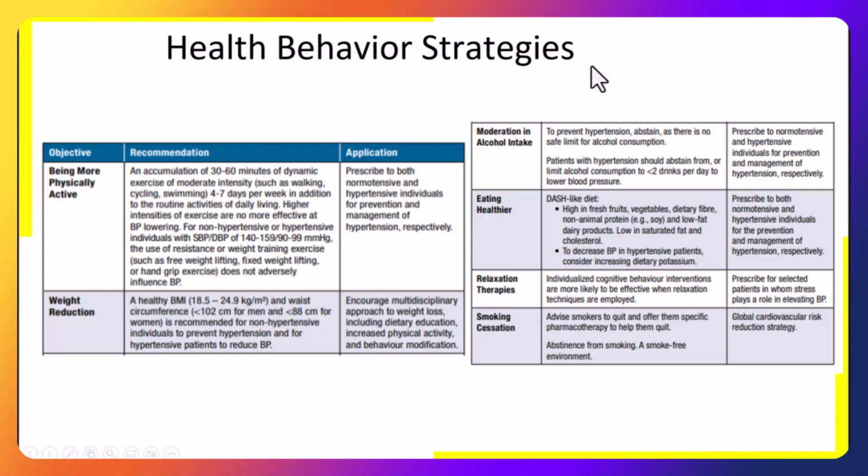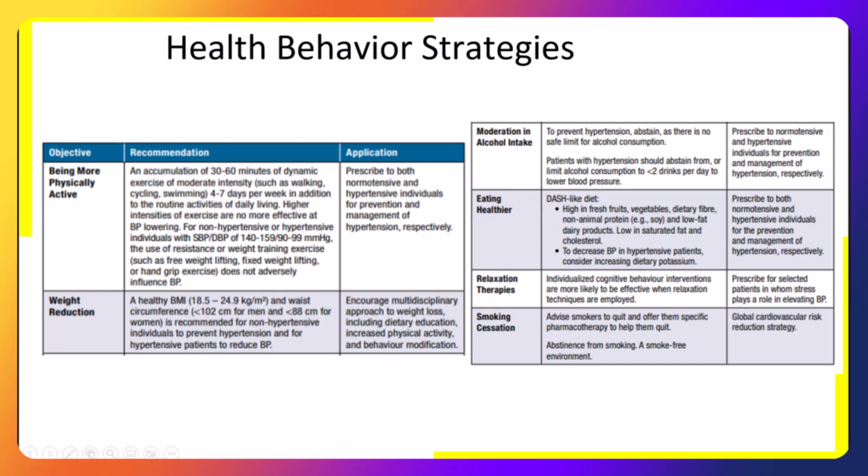Here's a nice list of health behavior strategies that can help both prevent hypertension, but also assist with treating it or managing it. Being more physically active, reducing weight, reducing alcohol intake, eating healthier, a DASH-like diet. DASH stands for Dietary Approach to Stop Hypertension.